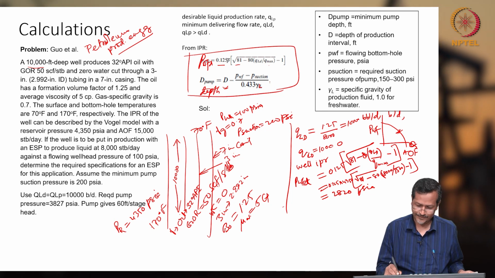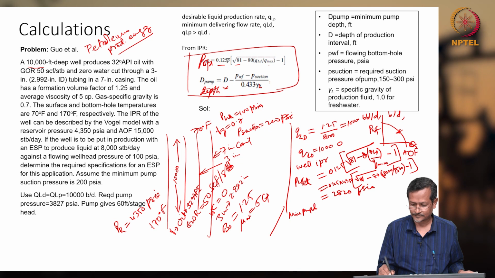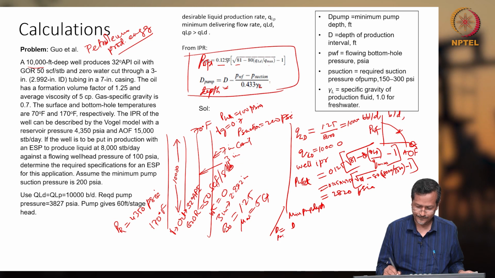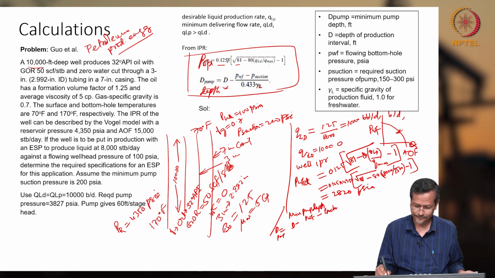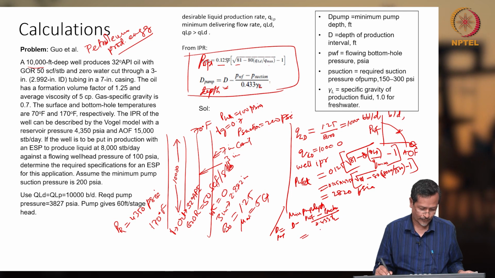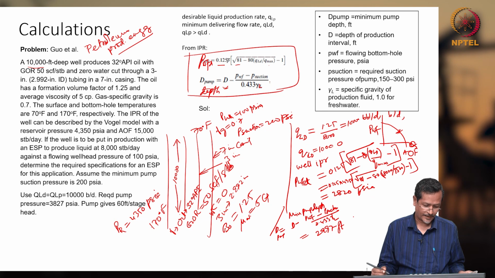And minimum pump depth equals D minus PWF minus P suction, divided by 0.433 gamma liquid. So that value, if I put all together, it will be 2997 feet.